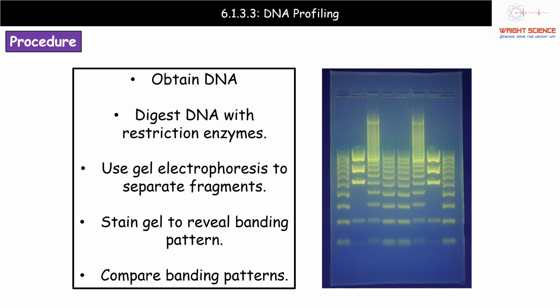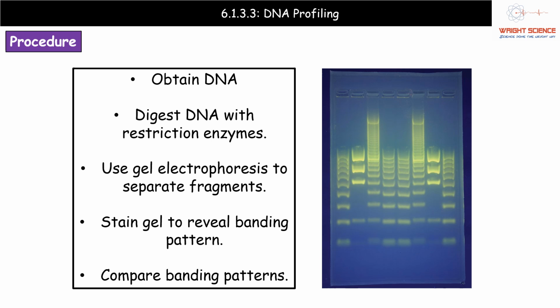So what do we do if we want to carry out a DNA profile on someone? Well, first thing, we get the DNA. Now, the DNA is typically these days going to come from things like saliva tests, and if you've done certain little DNA tests yourself, then that's where it's probably come from. What we then do is we digest that DNA with restriction enzymes.